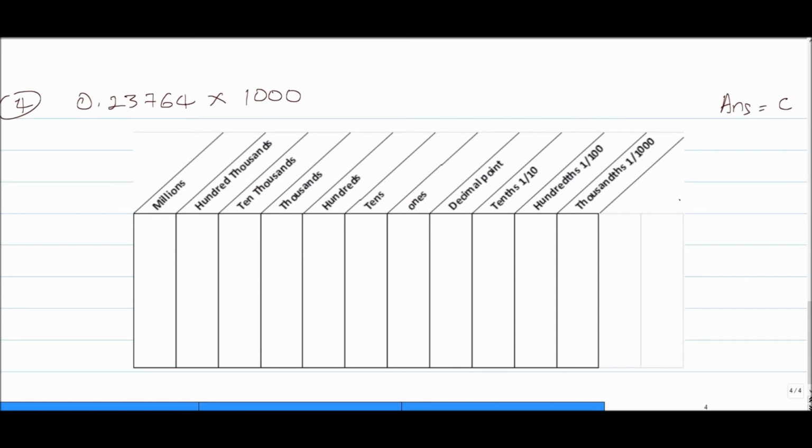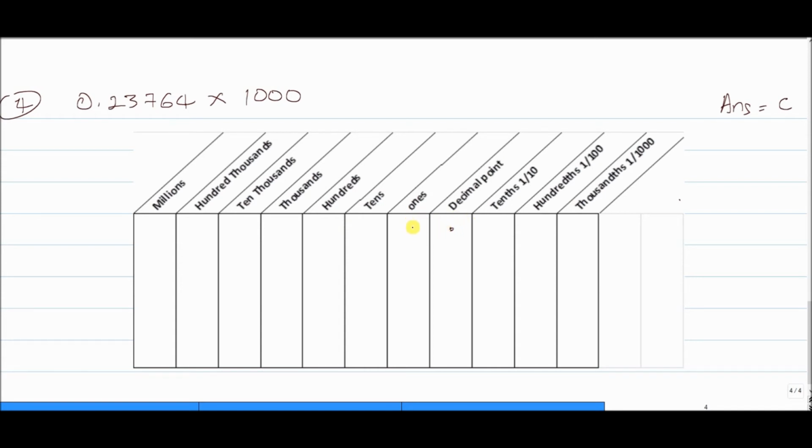Number 4 says, solve 0.23764 multiplied by 1000. Let's use our place value chart here to help us see what we would get. We have our decimal point here.